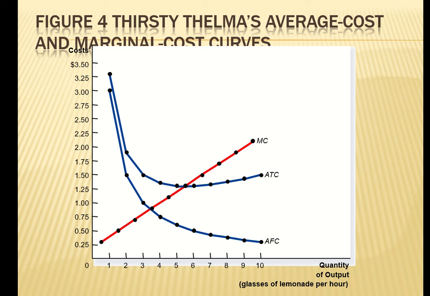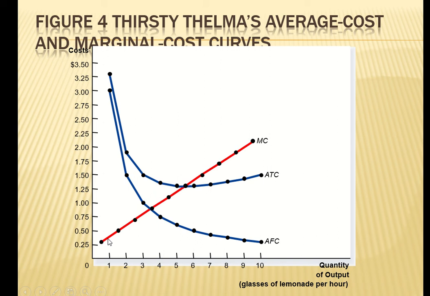I don't know how to get rid of the average fixed cost, so let's ignore it for the moment. Let's look at the average total cost and the marginal cost. A few things that we can observe. First is how the marginal cost is related to the average total cost.